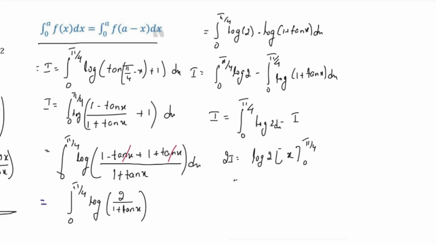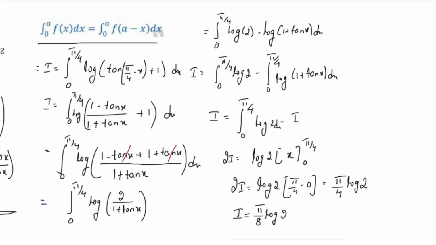So 2I is equal to log 2 times the upper limit pi by 4 minus 0. This becomes pi by 4 log 2. But this is 2I, so I is equal to pi by 8 log 2, which is the answer.